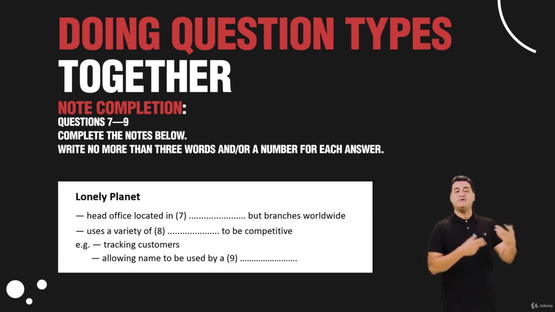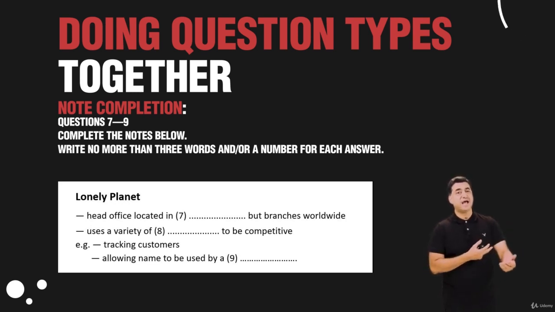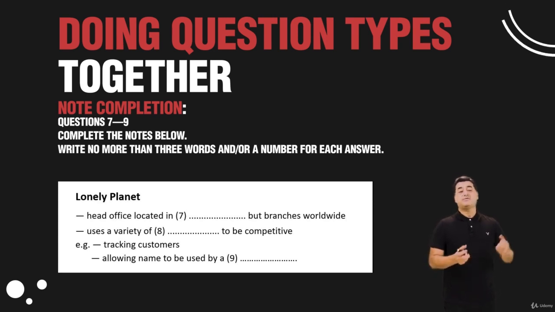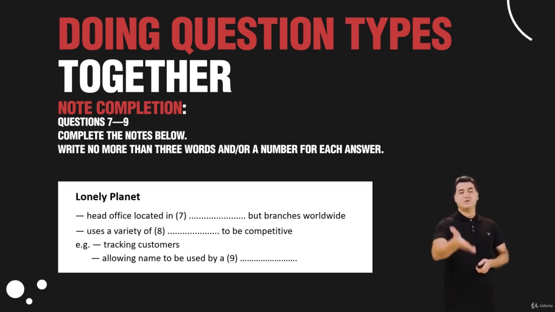So we'll listen and we'll find out. Uses a variety of dash to be competitive. So what are those variety of dash? We will listen and we will find out. And for what are those variety of things? That is, for example, tracking customers and allowing a name to be used by a dash. So let us listen and find out. Okay, now let's play.